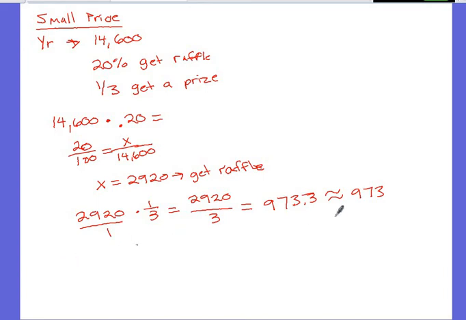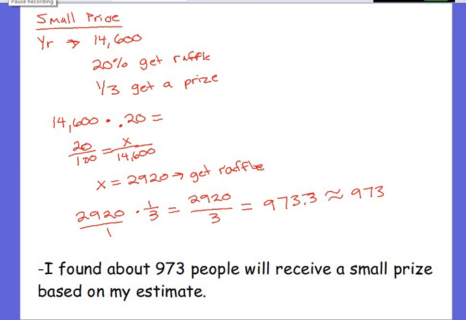Then I did the math work for them. Now I'm going to give them some words so I make sure they know what I want my answer to be and how I got there. So I'm going to type, I found about 973 people will receive a small prize based on my estimate. So I answered bullet 2. Bullet 3 says, show your work or provide an explanation of how you found your approximate number of people who will receive a small prize at this year's fair.